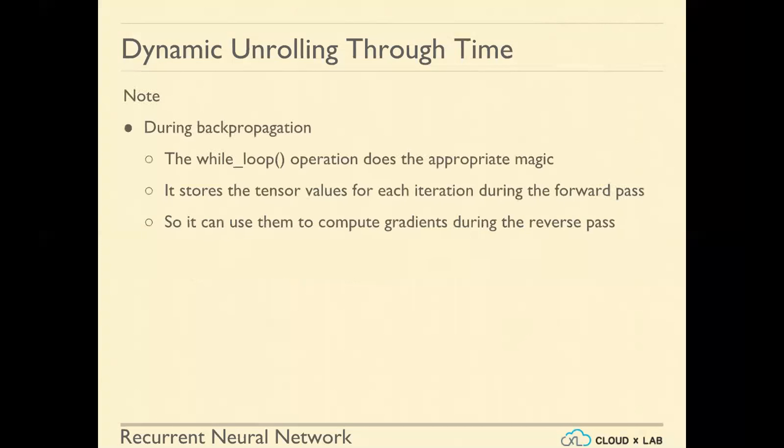Note that during backpropagation, the while loop operation does the appropriate magic. It stores the tensor values for each iteration during the forward pass so that it can use them to compute the gradients during the back pass, the reverse pass.